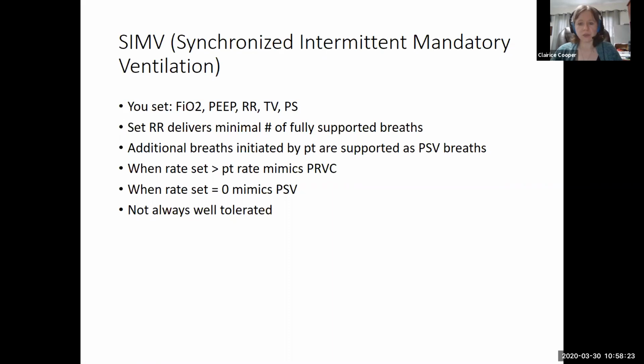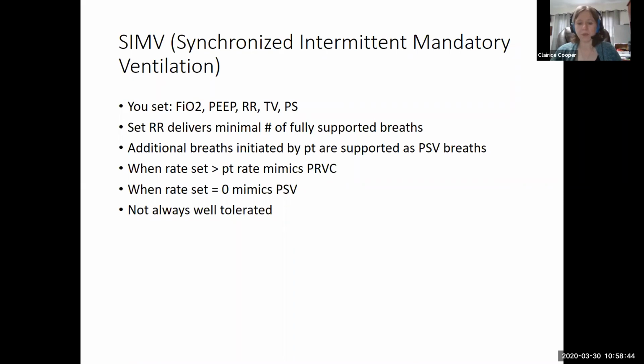At first, I thought this was genius in a way of weaning patients, because instead of giving them all full ventilated breaths, they get a mix, and you can start titrating down the number of fully supported ventilated breaths, and give them more pressure support breaths.